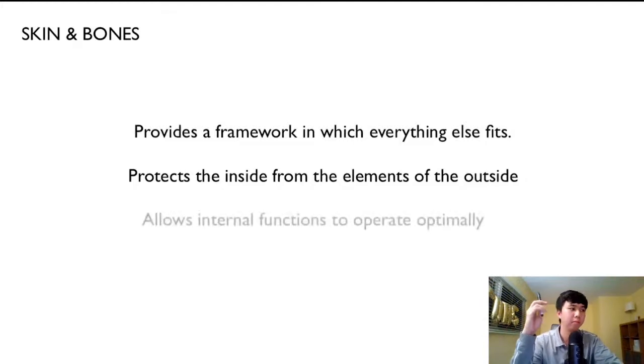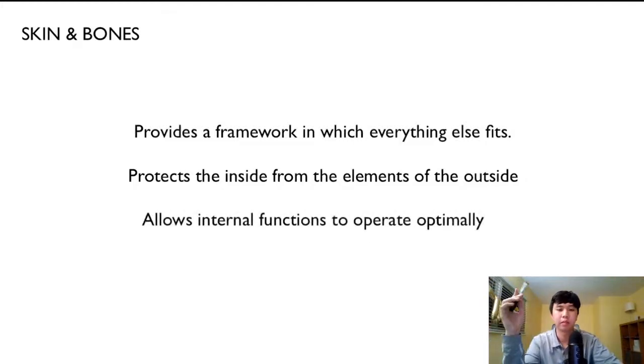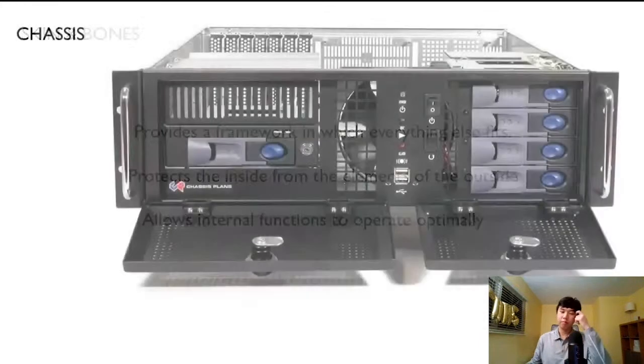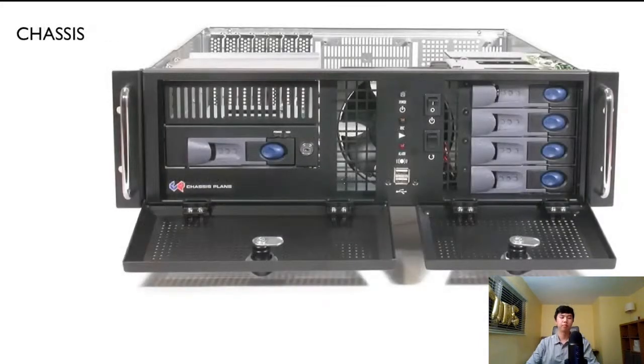And of course, this body of yours has been perfectly designed to support all of these different parts. Now this, your skin and bones, is very much like a computer chassis, which is also called the case, or the structure. And as you can see in this image I pulled up here, you have several things that make a chassis a chassis.